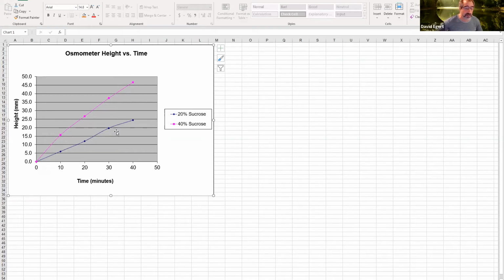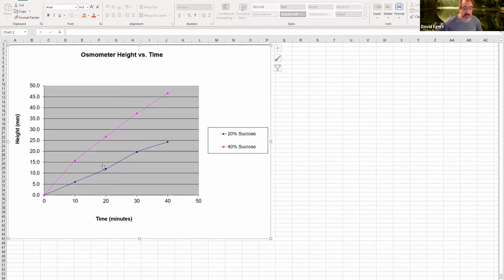When we look over time, this is kind of what we'd expect. Over time, they're both going up the tube. We obviously did not hit equilibrium at 40 minutes because both of them were still rising.